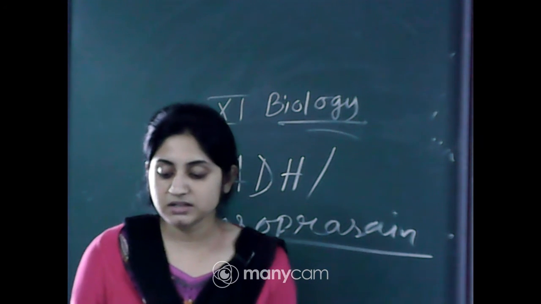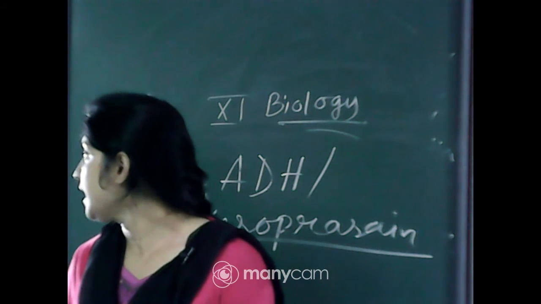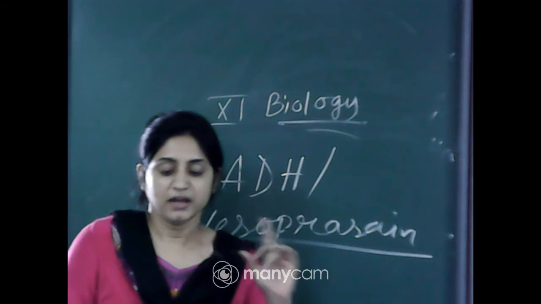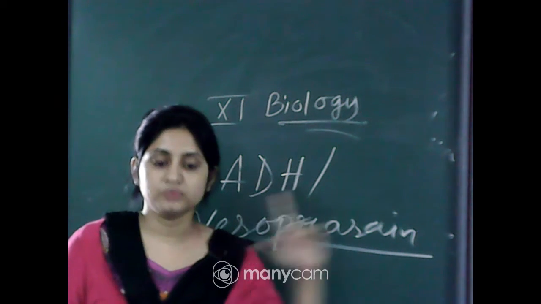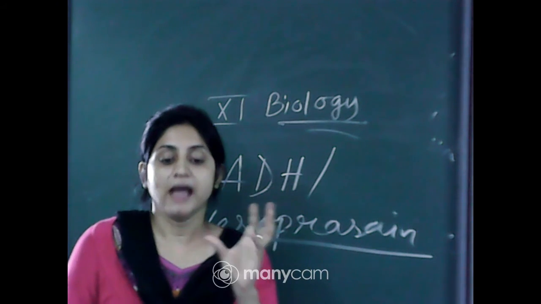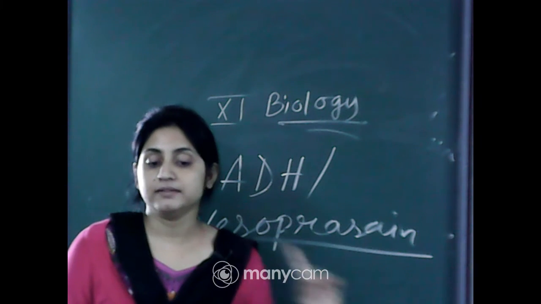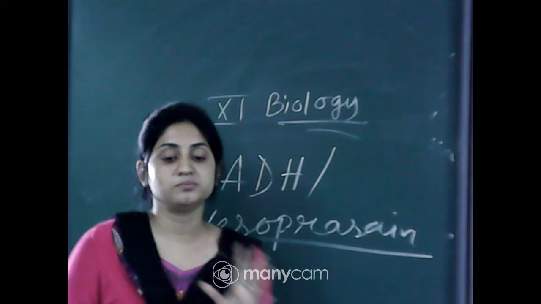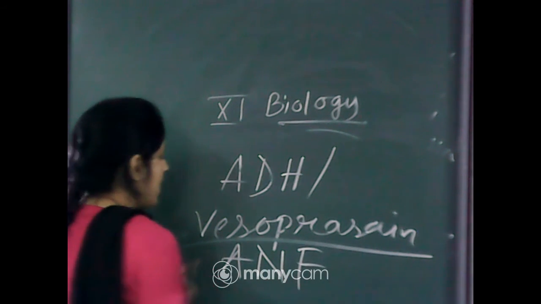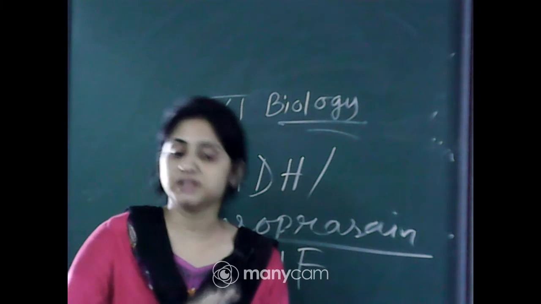Next, an increase in the blood flow to the atria of the heart can cause the release of atrial natriuretic factor from the heart. So first ADH is released by the hypothalamus, the JGA releases renin, which helps to release aldosterone, and last, the heart releases ANF, the atrial natriuretic factor, which decreases the blood flow.